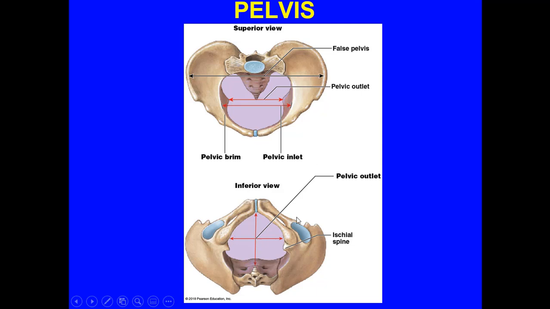If you look from an inferior view, so looking bottom up, you'll see the pelvic outlet here. You'll also note there are ischial spines here.